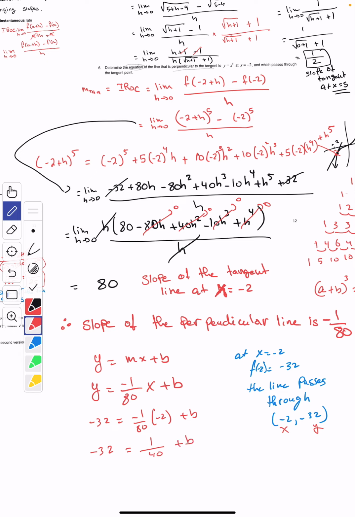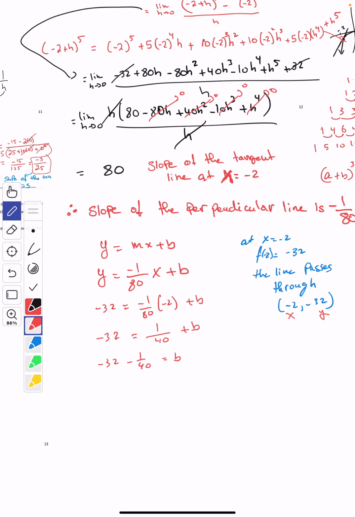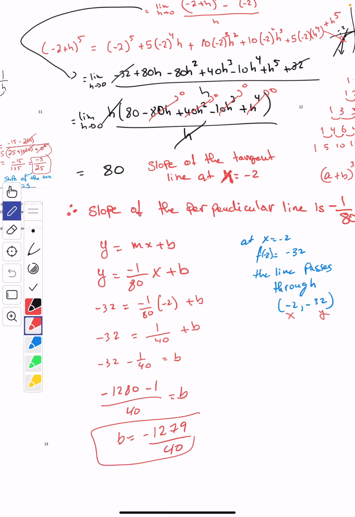Now I'm going to bring the 1 over 40 to the other side. Find a common denominator, so that's 40. And that's going to be negative 1,280 minus 1 over 40. So b is negative 1,279 over 40, and that's the y-intercept.